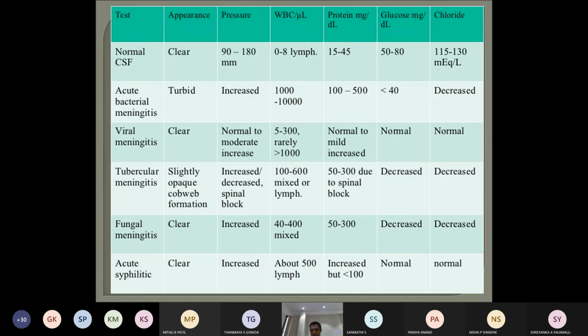This is what we usually do in CSF. Chloride can also be estimated by the silver chloride method, titrating the CSF with silver nitrate. Commonly, protein and glucose are estimated.